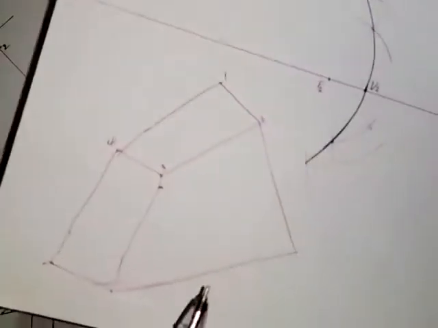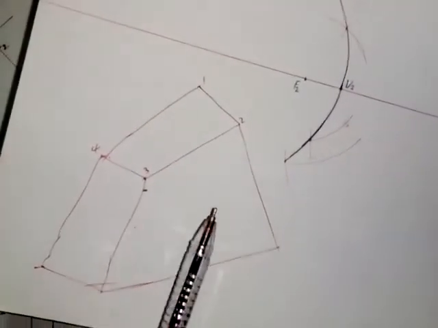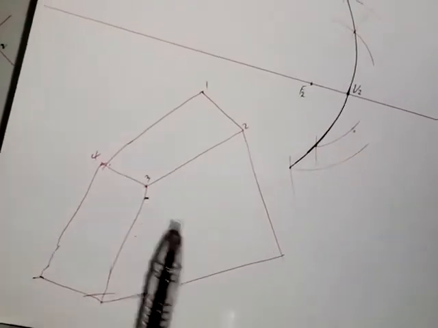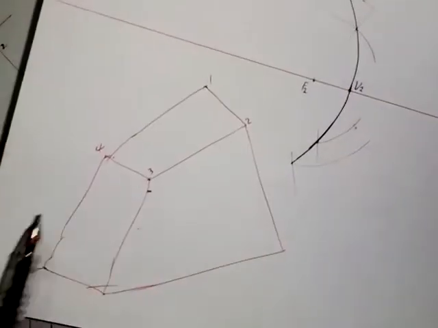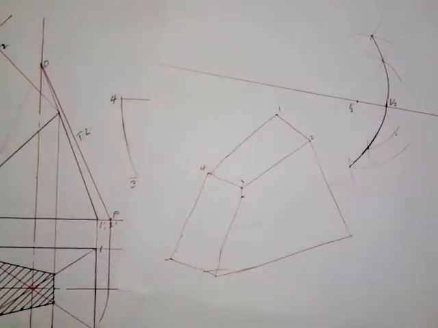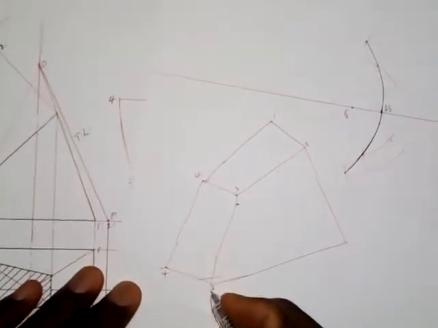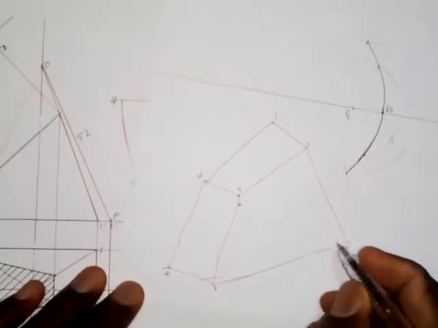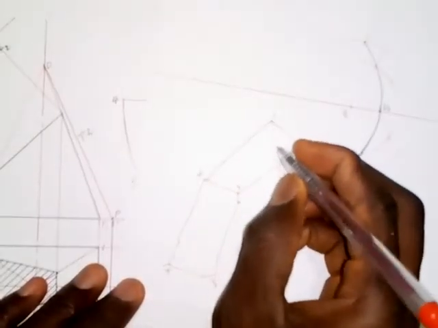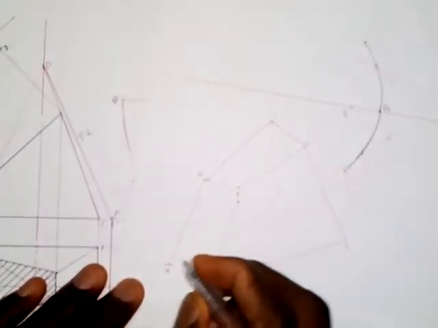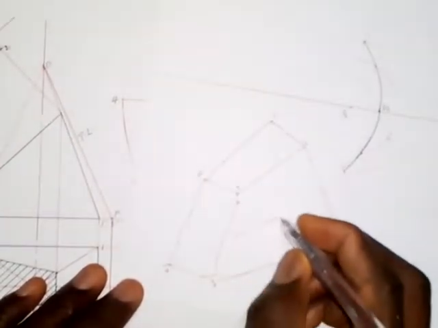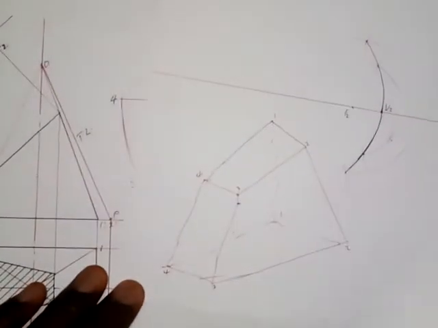I should have made this sketch earlier to explain the surface developments, and that is what I have done now. Even I also need to label this. So this is 4, this is 3, and this is 2, and around here we have 1 somewhere here. So this is 1.